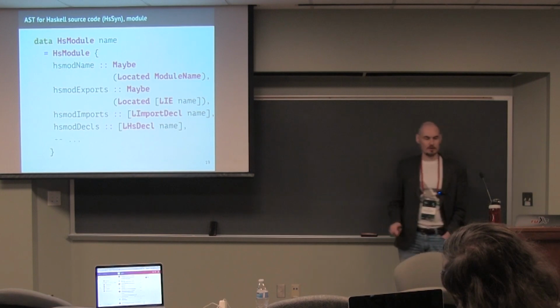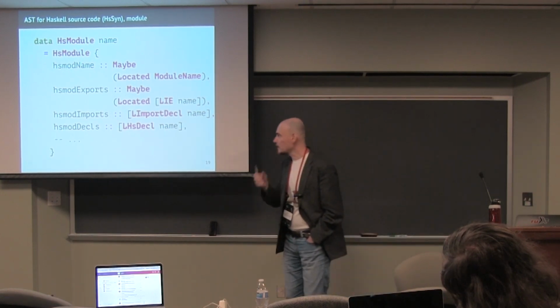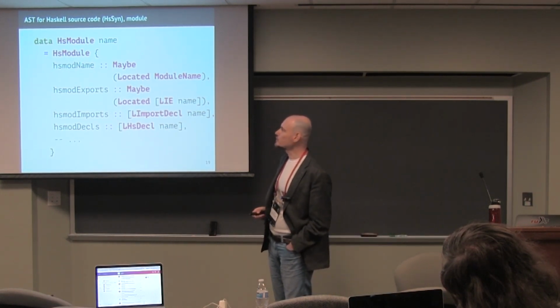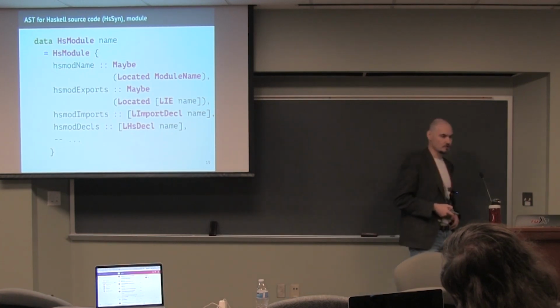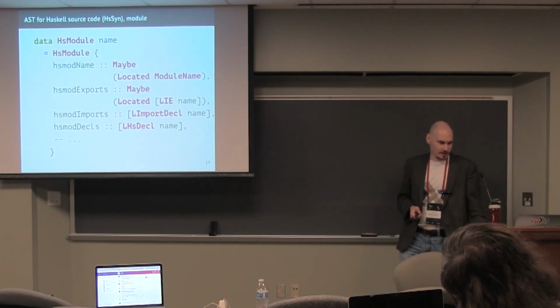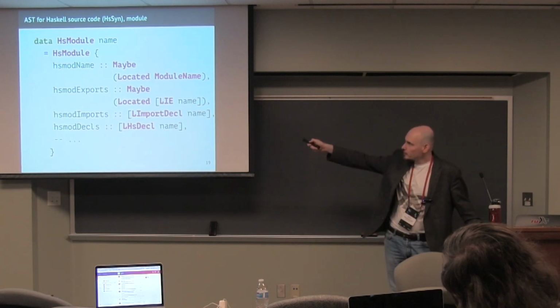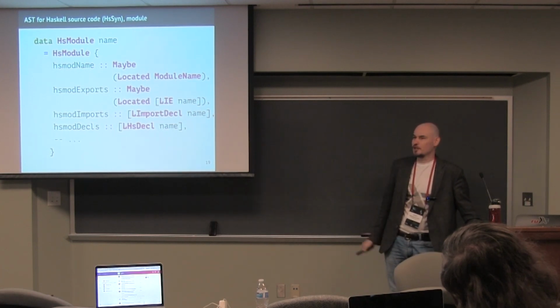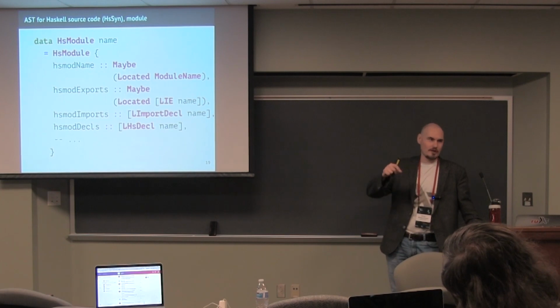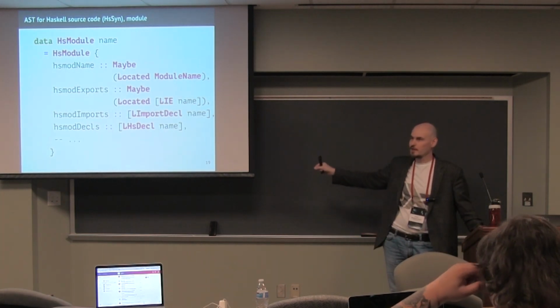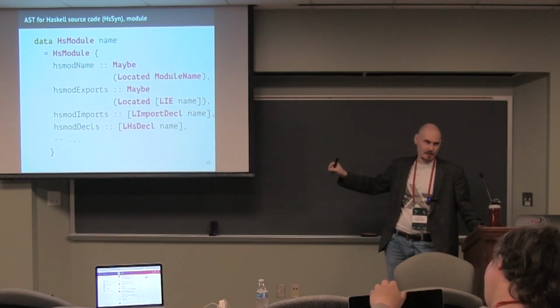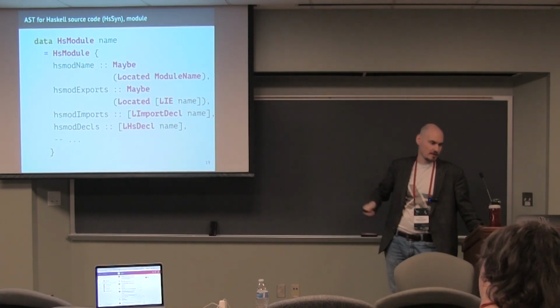You can find this type HsModule, which is about Haskell modules. We are talking about compiling one module. There is a field for the module name here, and you see it's Maybe, because you don't have to specify this. It can be module name where, or you can omit this line, and then it will be Nothing here.